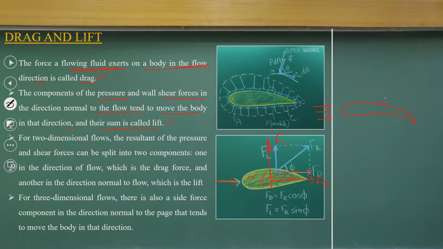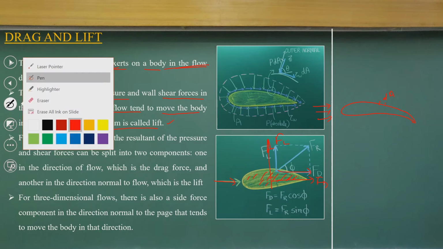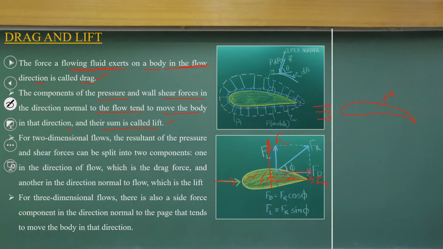So, if I take a small area dA, for that area I have a wall shear stress tau w, and tau w into dA will be the force component, and I have the pressure, which is acting as P into dA, this is a pressure force.